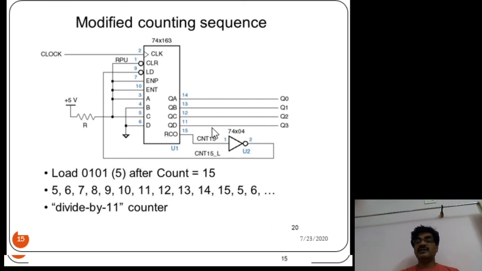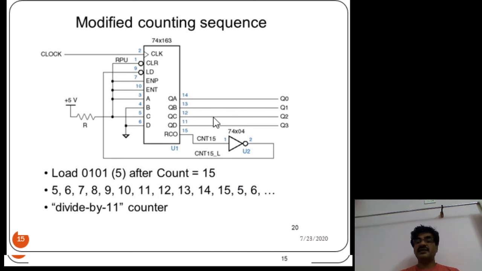Whenever the output is state 5, the RCO becomes 0. RCO being 0 means the NOT gate output is 1, and that 1 is applied as the input to load. Now clear is 1, load is 1, ENP is 1, and ENT is also 1. Since all these four inputs are at 1, you can observe the counting sequence starting from 5, 6, 7, up to 15.